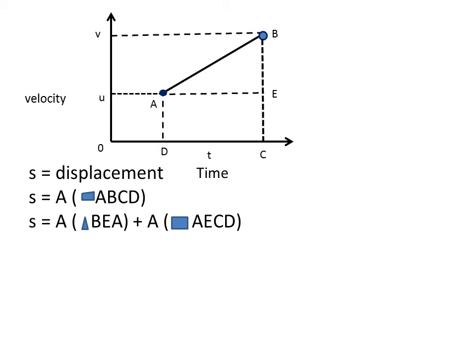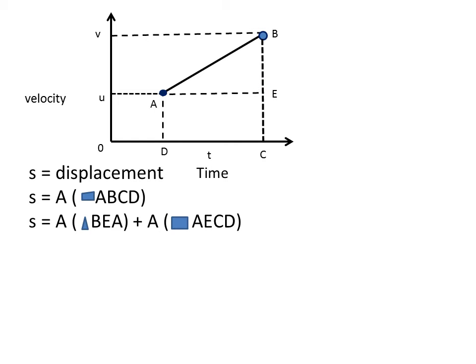So let us first focus on area of right angle triangle BEA. What is the formula to find out area of right angle triangle? It is half base into height. So what is base here? Base is AE and height is BE, isn't it?